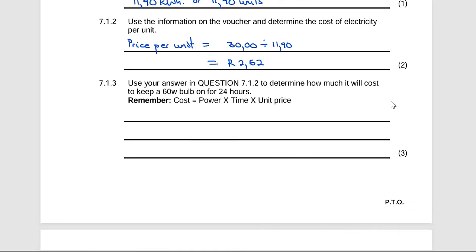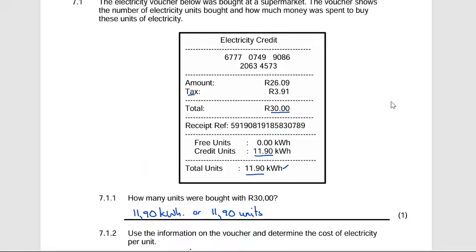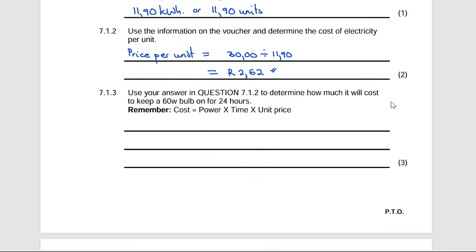So 7.1.3 says use your answer in question 7.1.2. So we are building upon the answer that we got to determine how much it will cost to keep a 60-watt bulb on for 24 hours. Remember cost, we're already given a formula there, so I'm just going to make use of it. Cost is power times time times price.